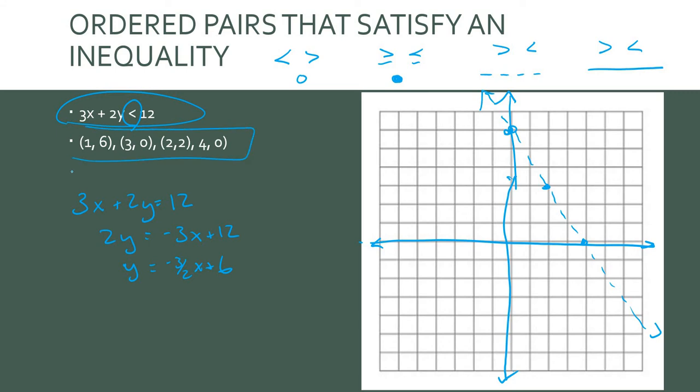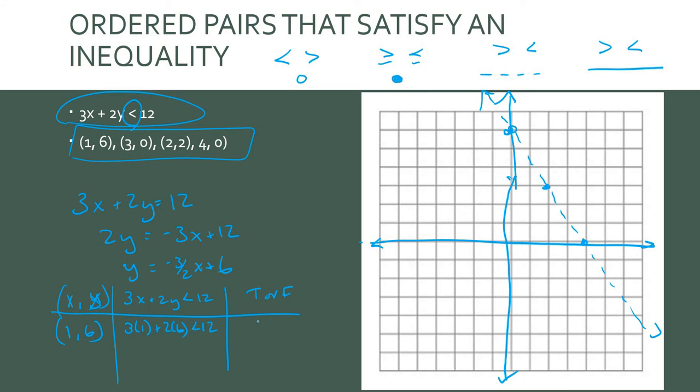Let's look at some of these points and see whether or not they are solutions. Let's do a table using my original inequality, 3x plus 2y is less than 12, and see whether it's true or false. When we have an ordered pair, do it this way. Let's say x is 1 and y is 6. So I've got 3 times 1 plus 2 times 6 is less than 12.